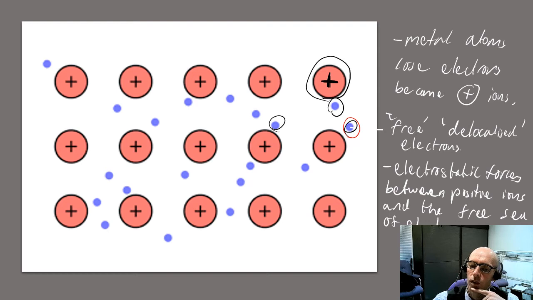It's almost a little bit like English. This free sea, why is it called a sea? Because they just flow all around the place, just like water in the sea. So they're flowing and going, and I'm making the diagram messy again.